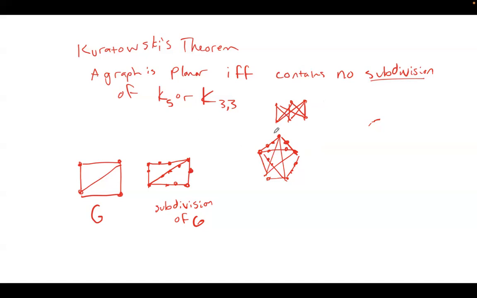An example that the book gives is something like this. Even if we have other things going on in here, there's still this subdivision of K5, and so we can't make it planar. This proof is super complicated, so we're just stating it and moving on. But if you see K5 or K33, then you know that it's not planar.